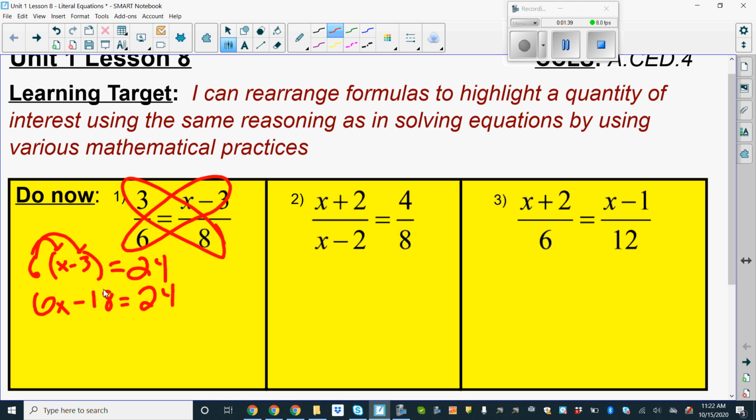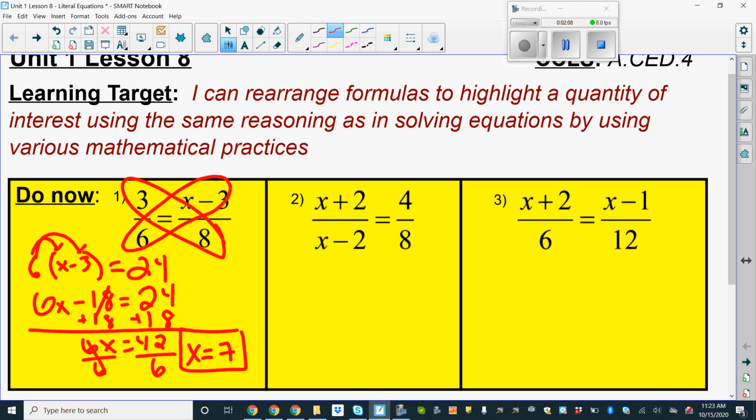So we move this minus 18 over by adding 18 to both sides, and now we're left with 6x equals 42. And then our last step is always to do division if it's attached by multiplication, and we have x equals 7.